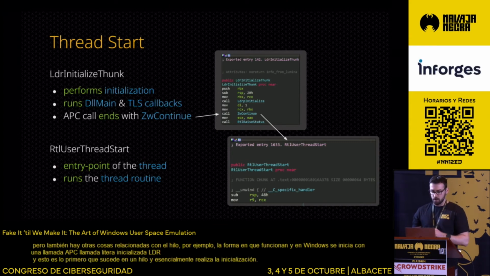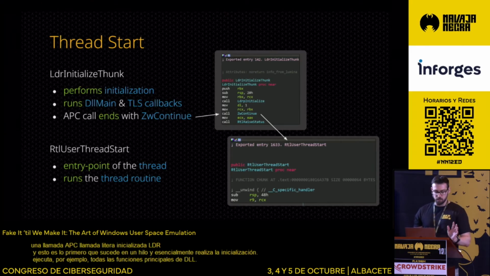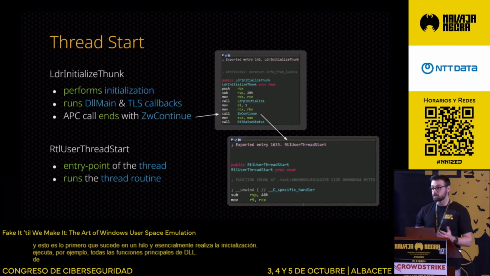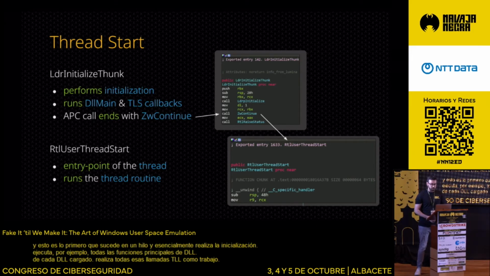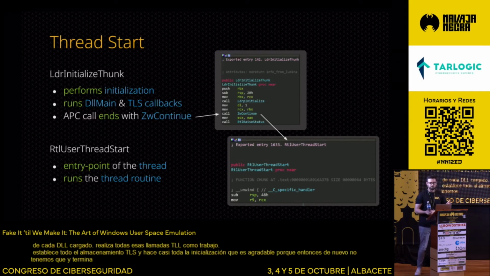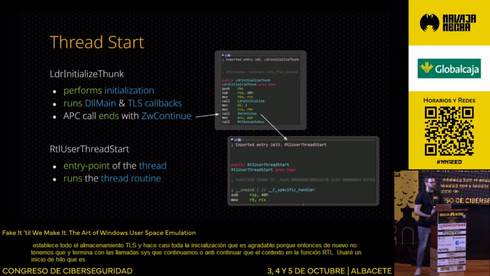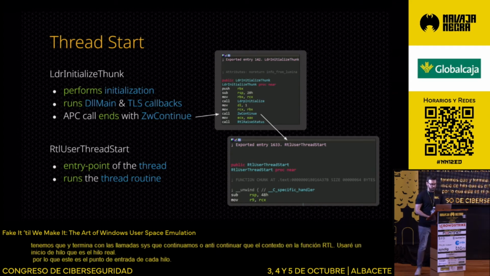It sets up all the TLS storage and does pretty much all the initialization, which is nice, because then again, we don't have to. And it ends with the syscall ZwContinue or NtContinue, which switches the context into the function RtlUserThreadStart, which is the actual thread. So this is the entry point of each thread. It runs whatever function you, for example, passed to CreateThread to be run there. And yeah, that's how threading works.